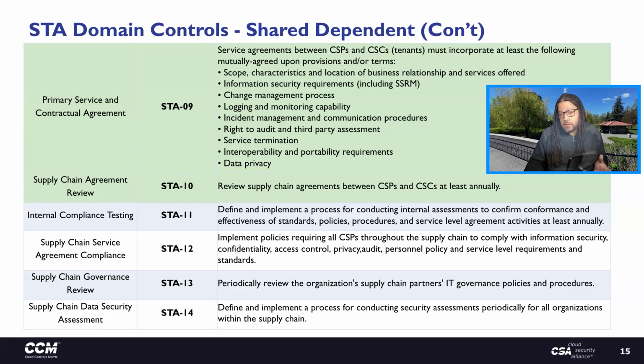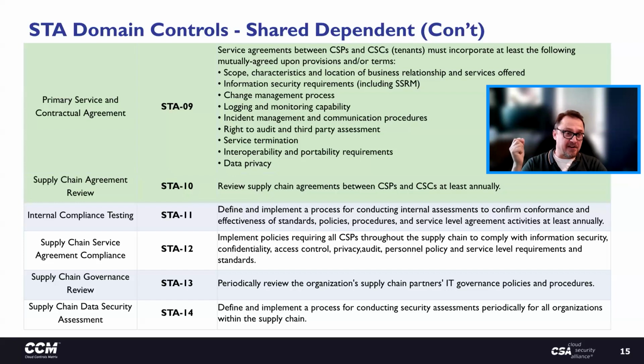It's not everything that you should be looking at, but they're definitely the bare minimum that have to be included to make sure that the requirements within the Cloud Controls Matrix are addressed. It's not enough just to talk about them or to write them down informally during the sales process. You've got to have them in the contract in order to satisfy the control. If it's not in writing, it doesn't count.